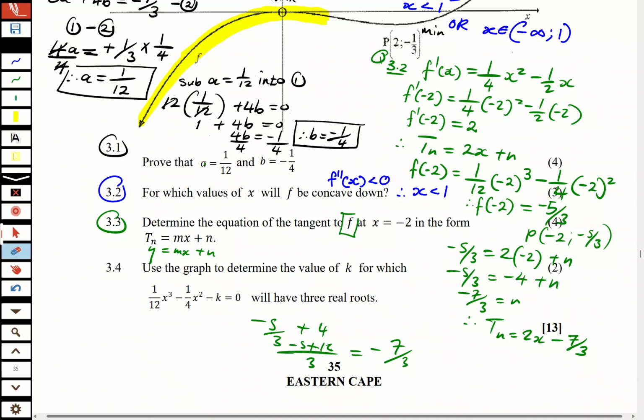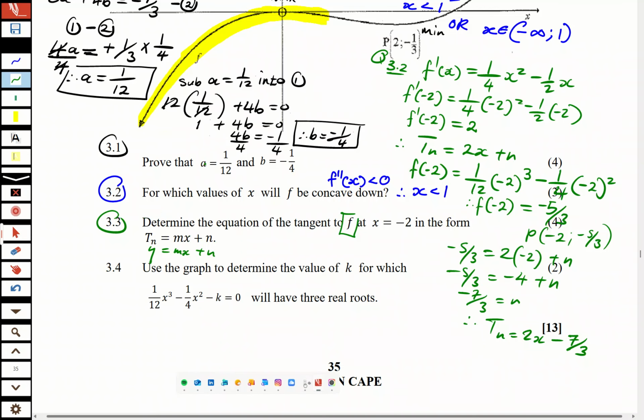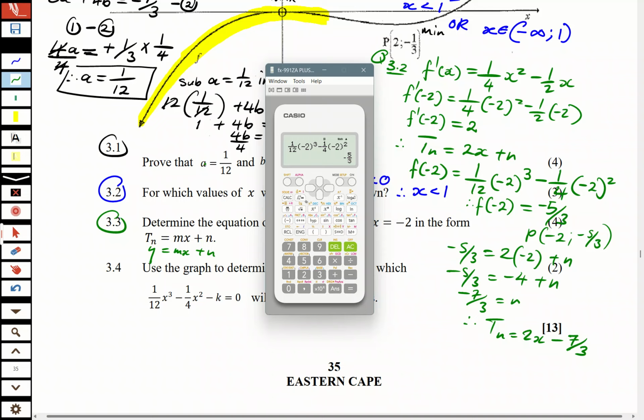So now let me erase this. So that's what we have there. Or do you want us to confirm? Let me show you. And then plus 4, this is a positive.